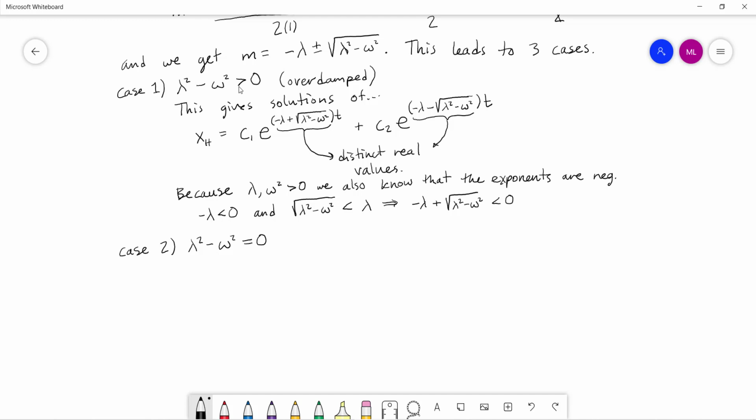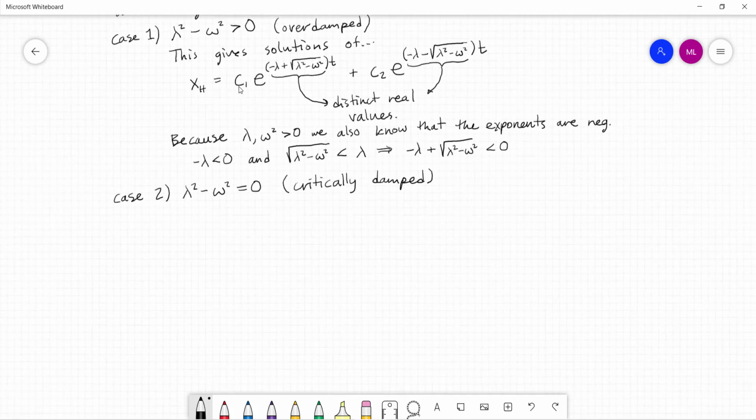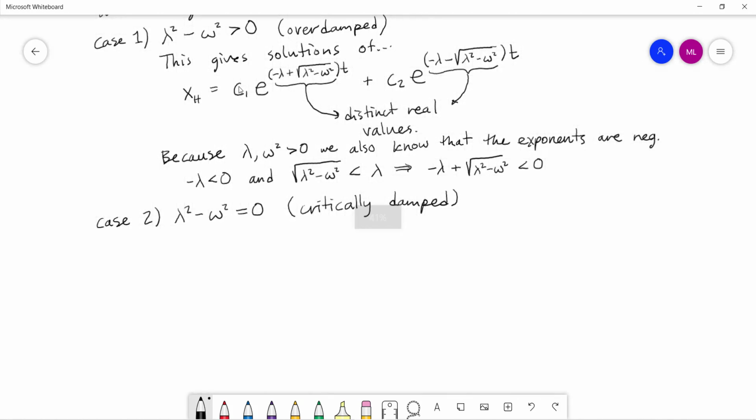This is what we call the critically damped case. And what's happening here? If that term is 0, it gives us the following.